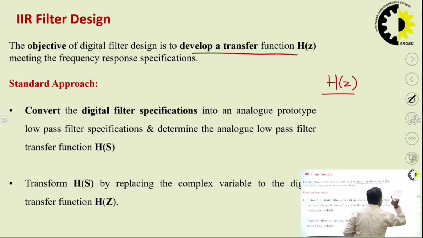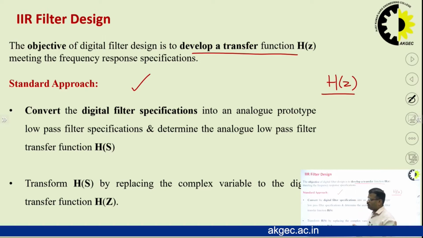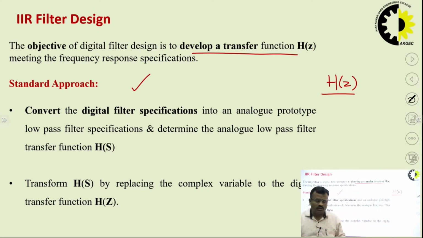In digital IIR filter designing, you have to finalize H(z). H(z) means the transfer function or system function of the digital IIR filter. Then, what will be the standard approach? What is the basic concept behind this, so that you can prepare your H(z)?